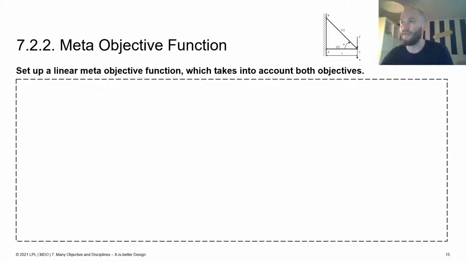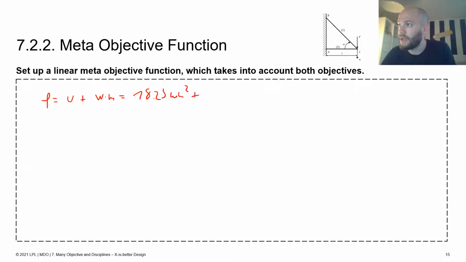Afterwards, we now have to set up the linear multi-objective function. So remember in the lecture we had different types of multi-objective functions. Here we want to have the linear one, which is straightforward, just phi, the first quantity of interest, which is the system stiffness or displacement, and here we choose the weighting factor with respect to the mass, and we can afterwards enter the values we calculated earlier.